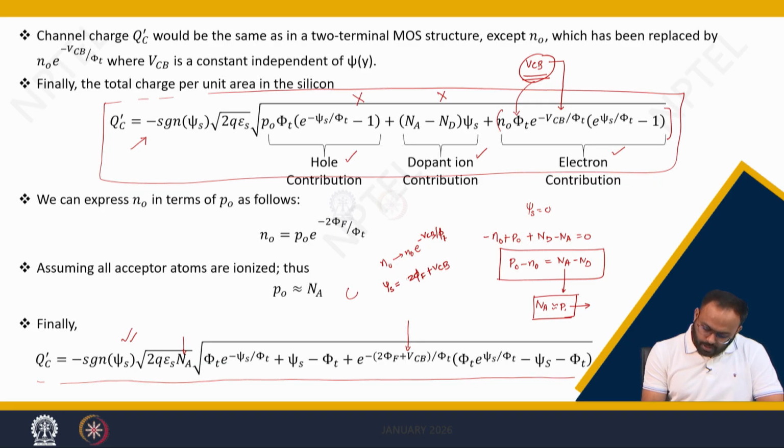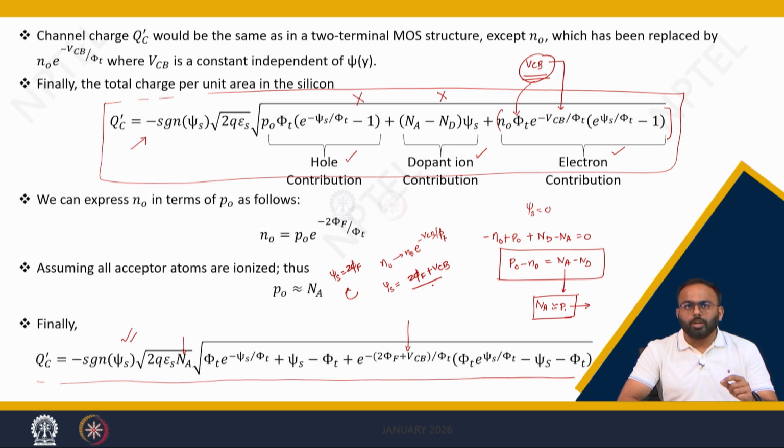Wherever you have used ψ_s equals 2φ_f, you need to replace it with ψ_s equals 2φ_f plus V_CB, meaning your surface potential is not only fighting against 2φ_f to attain inversion, but rather ψ_s is actually fighting with 2φ_f plus V_CB.